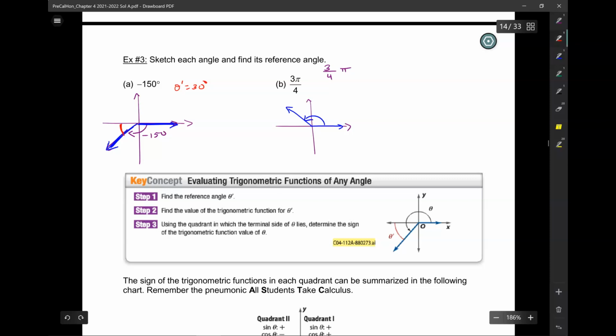Okay, this is the reference angle here, theta prime. Guess what? Is 3/4 pi, is that fraction reduced? Yes, 3/4 is reduced, right? It's not like 6/8. So theta prime for radian is always this.